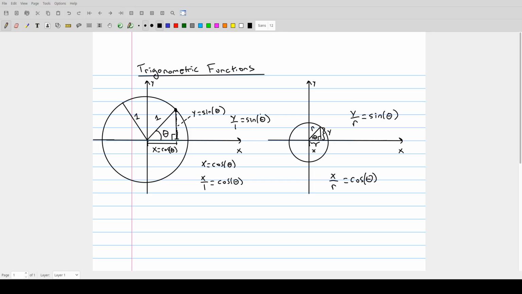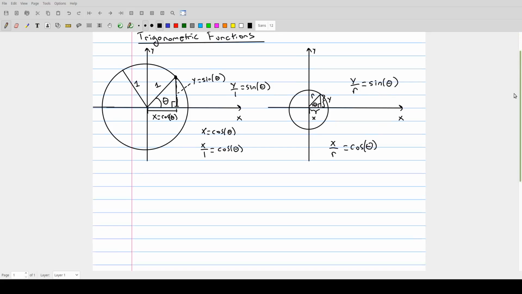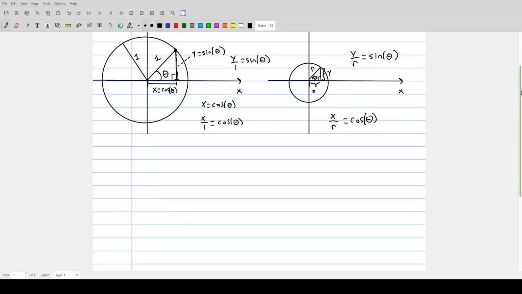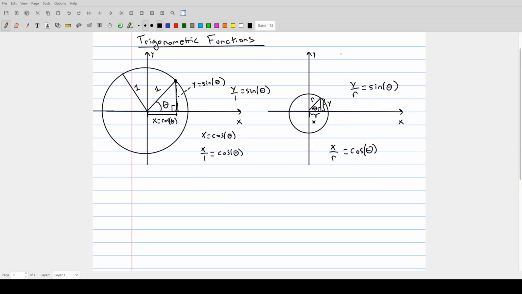Because these two right triangles are similar, this is exactly why we have these relationships. So in general, for any circle of any radius, y is equal to r times sine theta, and x is equal to r times cosine of theta.